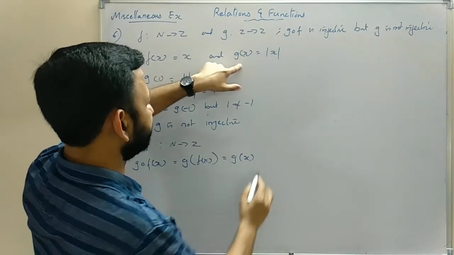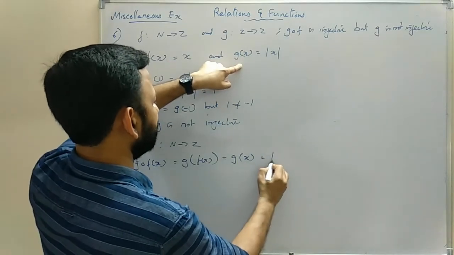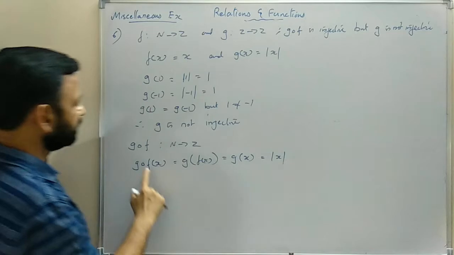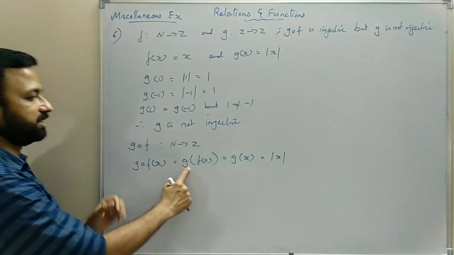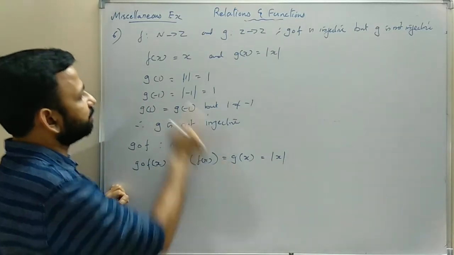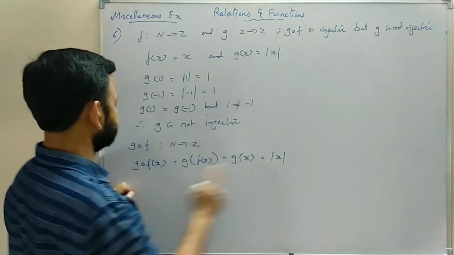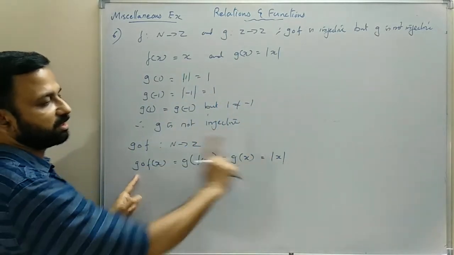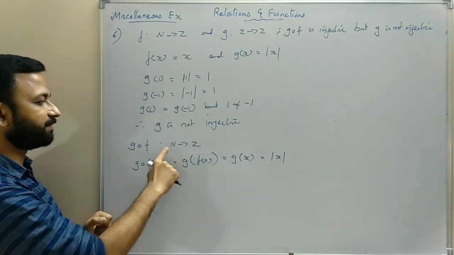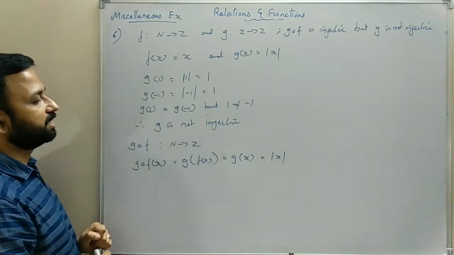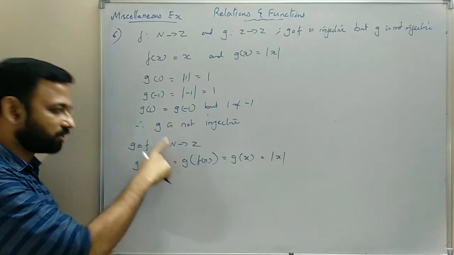Then g of x is equal to modulus of x. So g composition f of x is equal to modulus x, and that is a function from N to Z. Here N is the set of natural numbers.